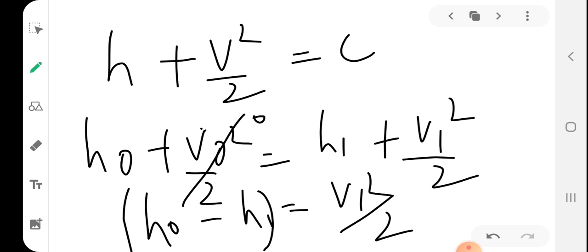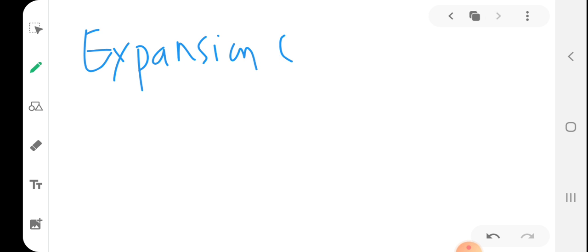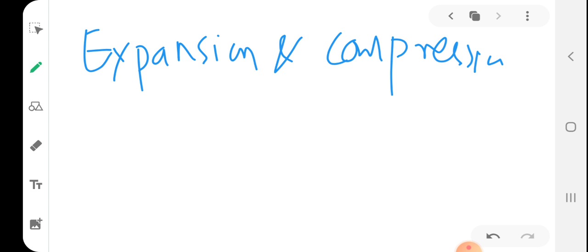Okay, actually there may be two types of flow. First one is expansion flow and the second is compression flow. How are they different? Expansion means pressure is decreasing and velocity is increasing.